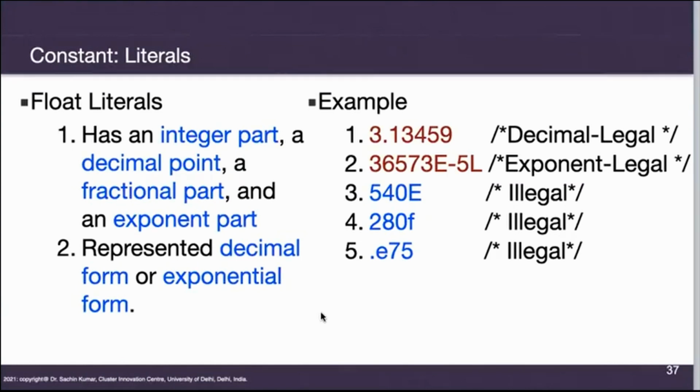If you write 504e or 284, it is illegal, because they are not defined in the language. You are just experimenting, and they are not part of the programming language construct or rules. So whenever you are deciding floating point numbers, you have to keep these things in mind.